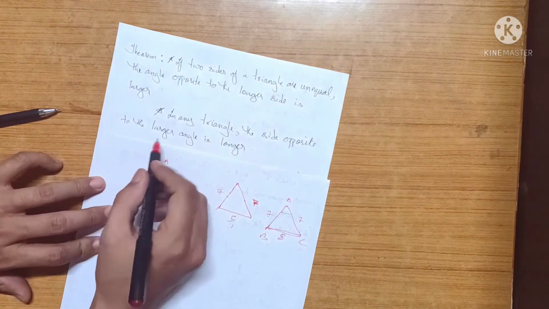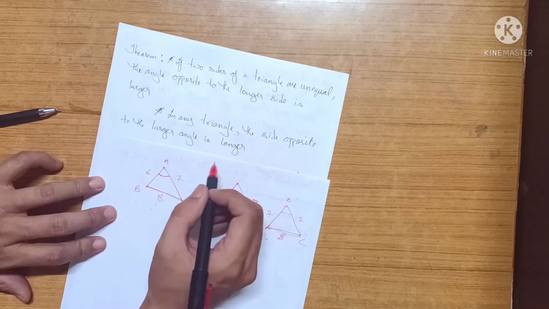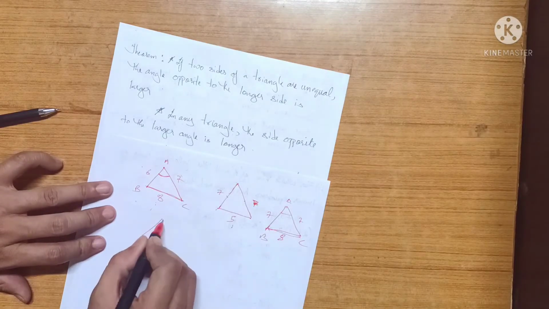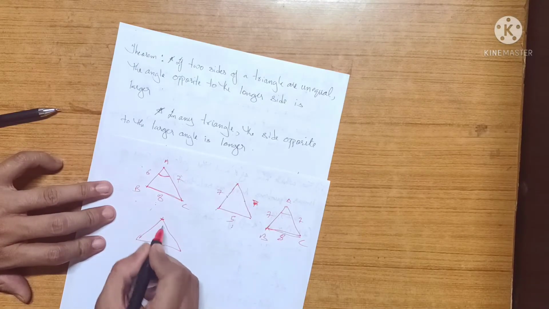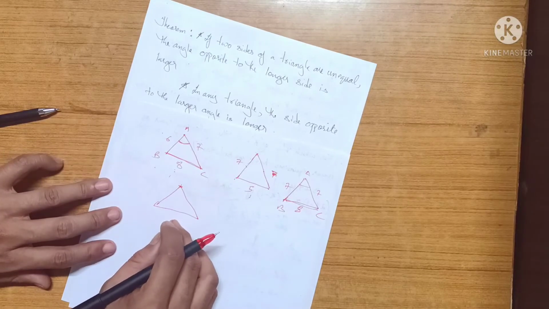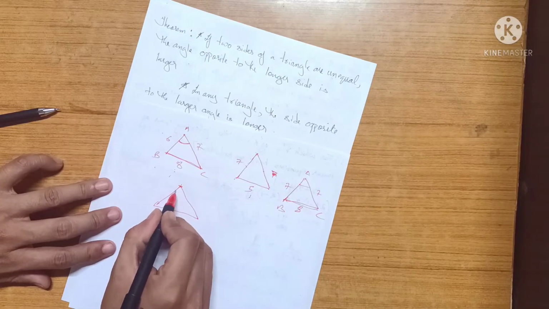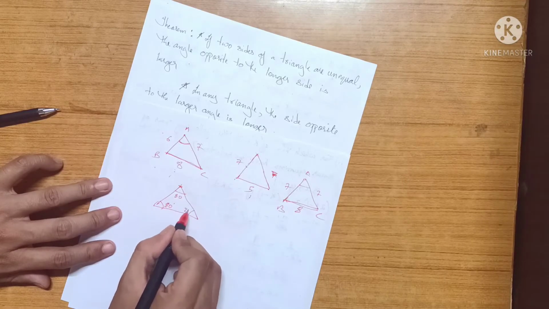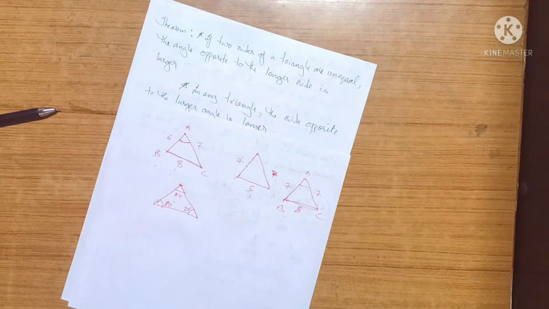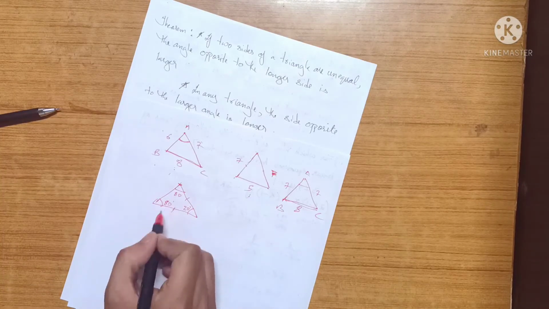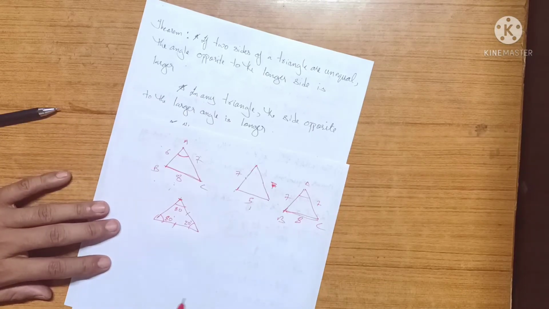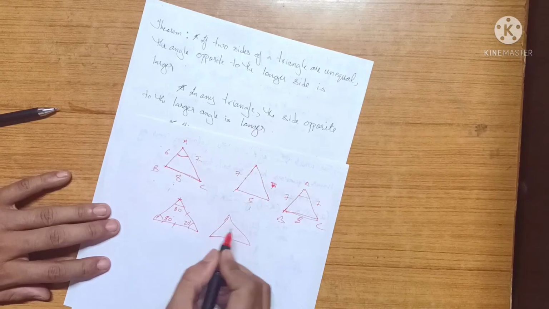Okay, next one: in any triangle, the side opposite to the larger angle is longer. Even in an isosceles triangle such as 80, 80, 20, it doesn't work here either. So this and this will be longer than this. That's what it means, nothing else. It works only for triangles where all the angles are different.